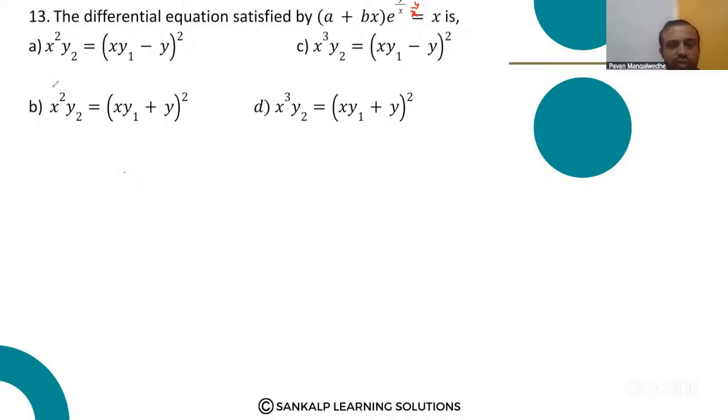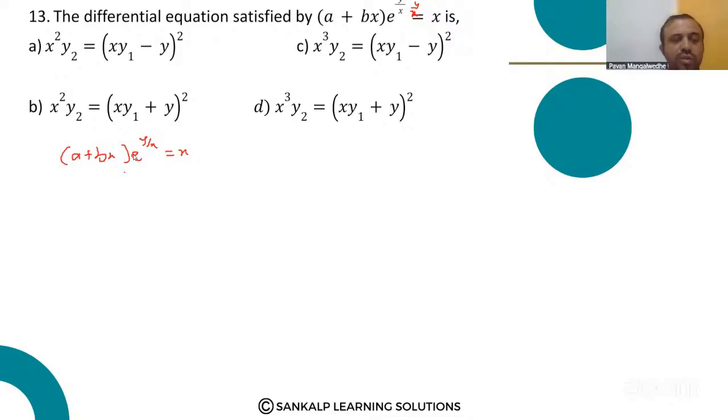So again, students, 10 seconds fast. So it can be written as, start writing with the given equation, that is a plus bx into e raised to y by x, which is equal to x.